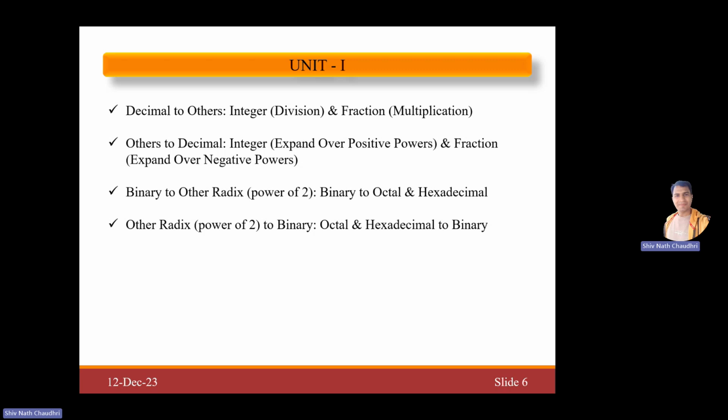In this case, we expand the integer part over positive powers of the radix, and the fraction part over negative powers of the radix. The third category is binary to other radix, which can be represented as a power of 2, like octal and hexadecimal. The fourth category is other radix to binary.